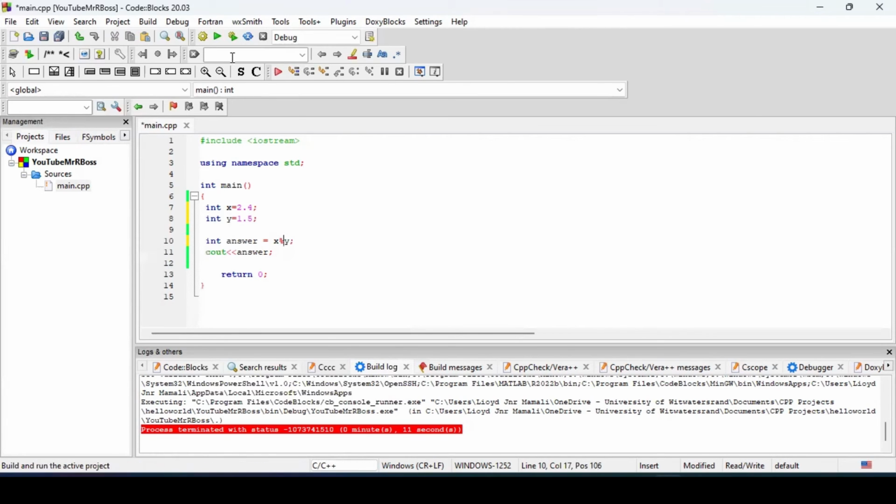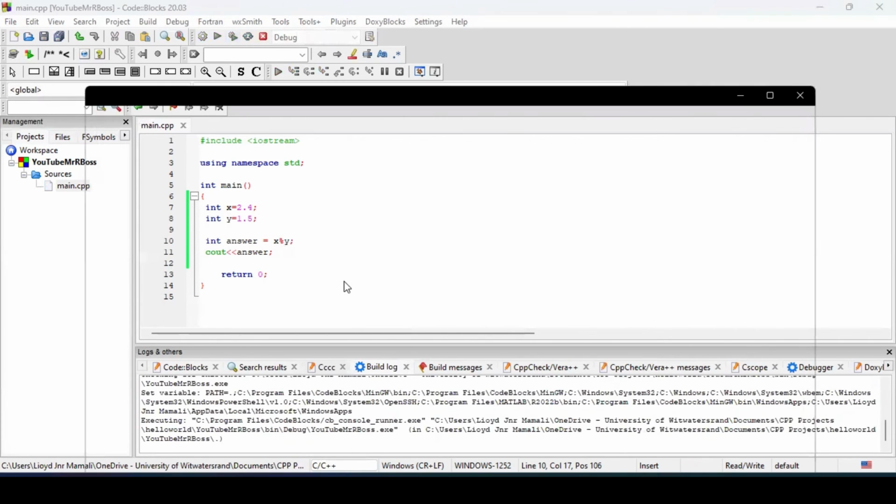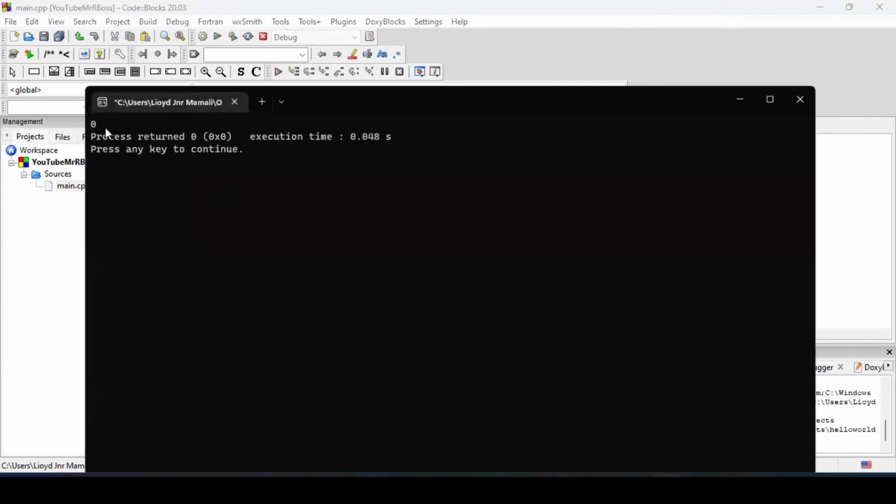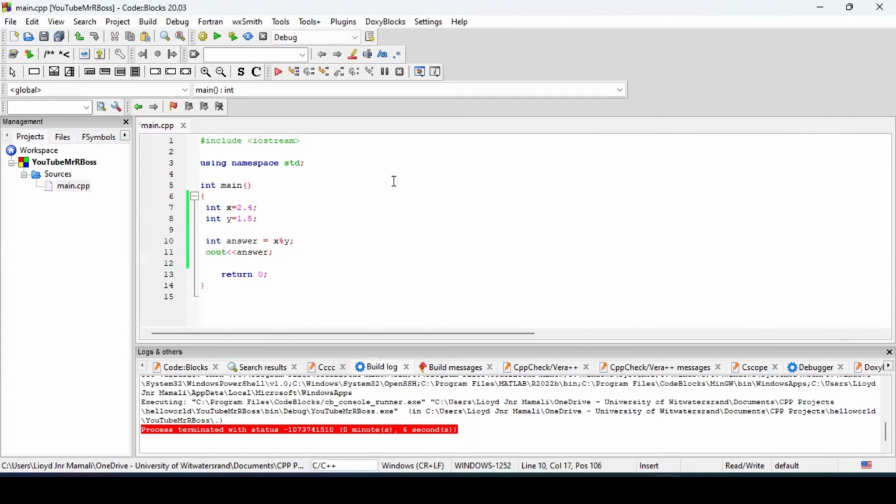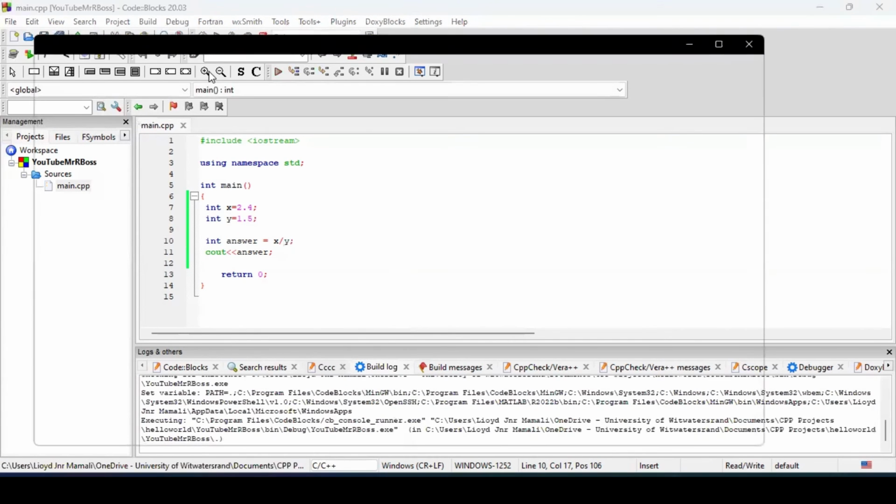All right, so if I run this, let's see this in action. Okay, this one is outputting a 0. And what is the reason for that? It's because in this case, when we round off our answer to the nearest decimal, it's going to be 2.0. That's why when we replace this modulus with a division sign, we get an answer of 2.